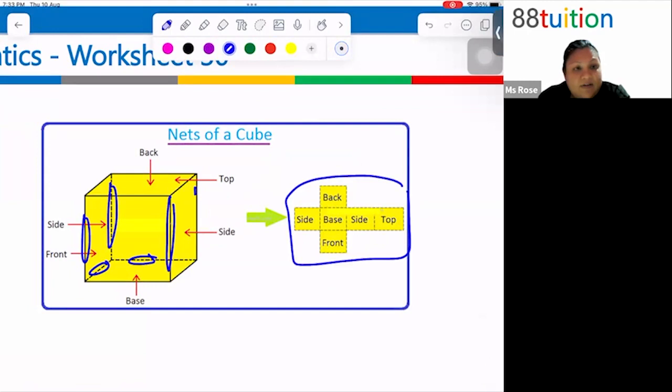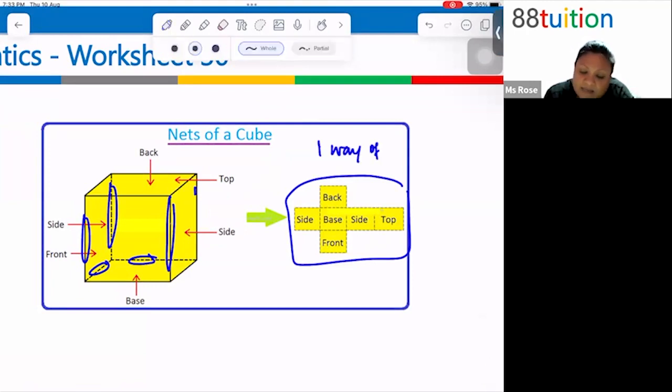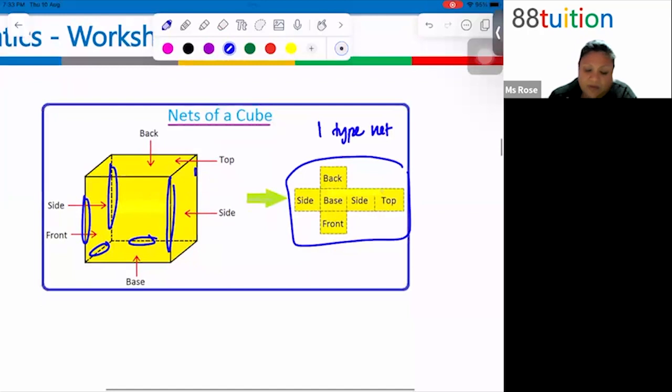Now for a cube itself, this is just one type of net. A cube has how many faces? How many faces does a cube have?